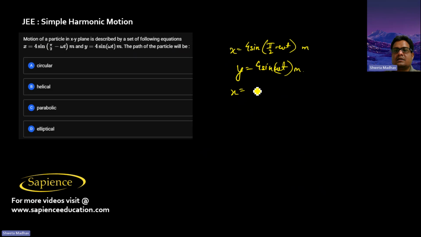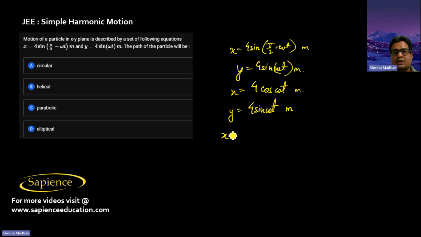Here I can write x using sine(pi by 2 minus theta) is cos theta, so x is 4 cos omega t meter and y is 4 sine omega t.